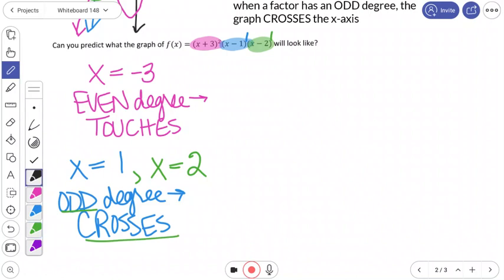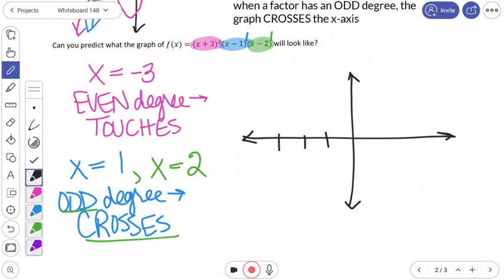So I'm going to go ahead and set up my xy coordinate plane. And I know that I have an x-intercept at negative 3, and I know I have an x-intercept at positive 1 and positive 2. So I'm going to plot those 3 points. Now there's something else that I want to talk to you guys about that we touched on at the beginning of Unit 6 when we first started studying polynomials.